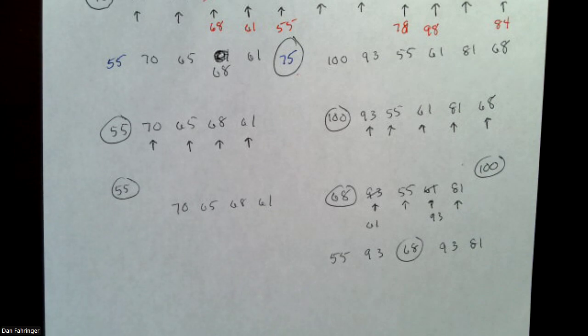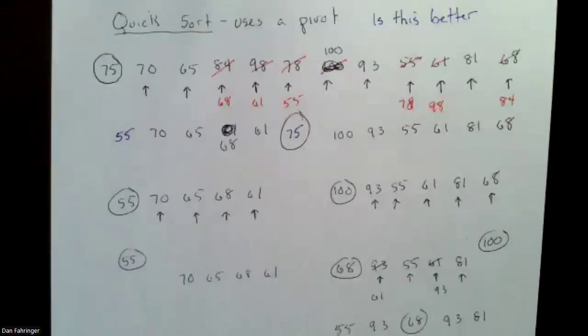What do you think? Questions? That's the idea behind the quick sort. I don't think I'd want to write that code, but this is the one you're going to get the pseudocode for.